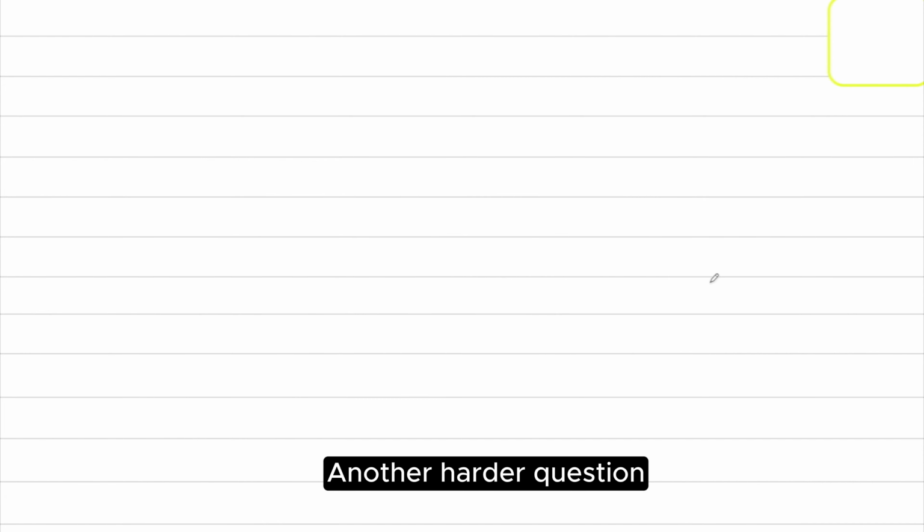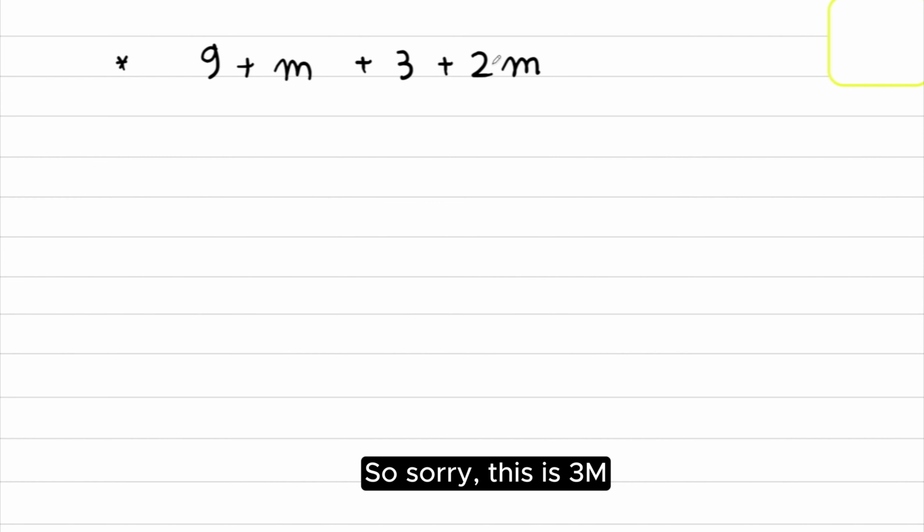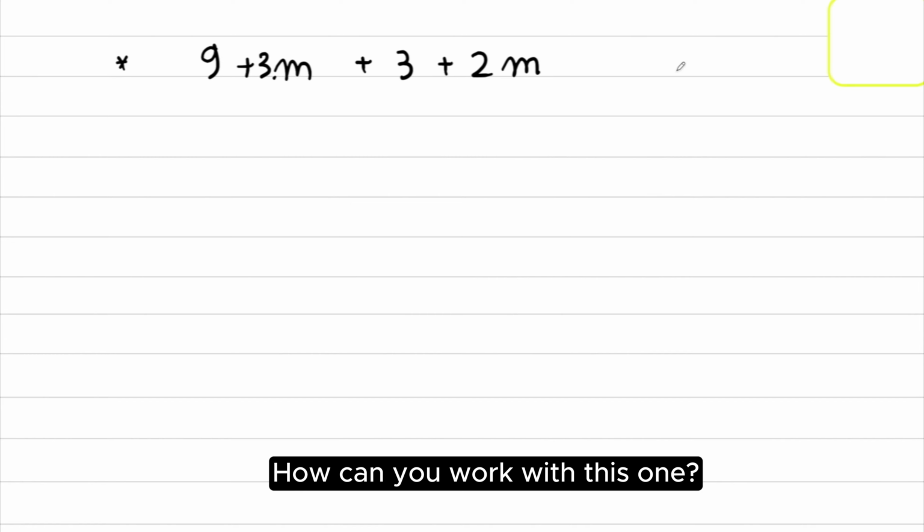Another harder question. How can you work with this one? I have 9 plus m plus 3 plus 2m. Okay, so sorry, this is 3m. How can you work with this one? I want to give you one more hint.